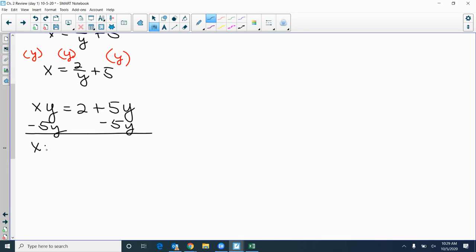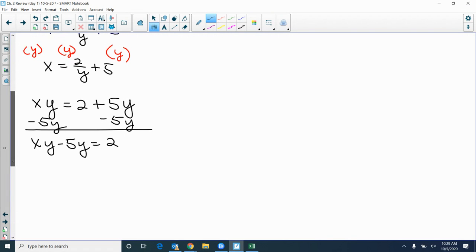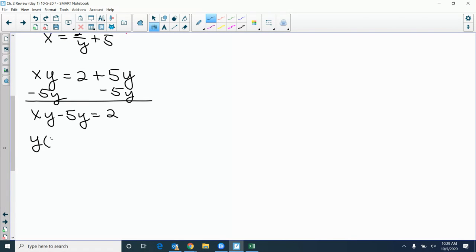So I get xy minus 5y equals 2. Factor out, GCF, factor out a y. And then I'm going to divide by that x minus 5. So I get y equals 2 divided by x minus 5. All right, so there's your inverse. You can plug in a couple of numbers if you want to test it.